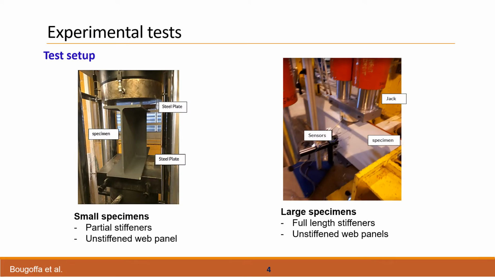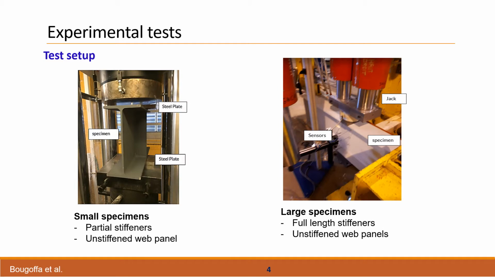The experimental tests are realized in two campaigns with 2 dimensions on length. 2 testing devices are used. The first campaign concerned the small specimens with partial stiffeners and unstiffened panels, 500 mm length. The large specimens on the right are with length of about 3 meters.